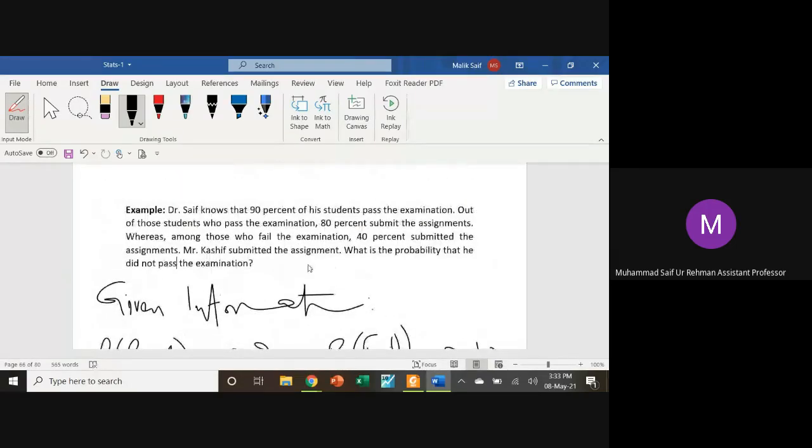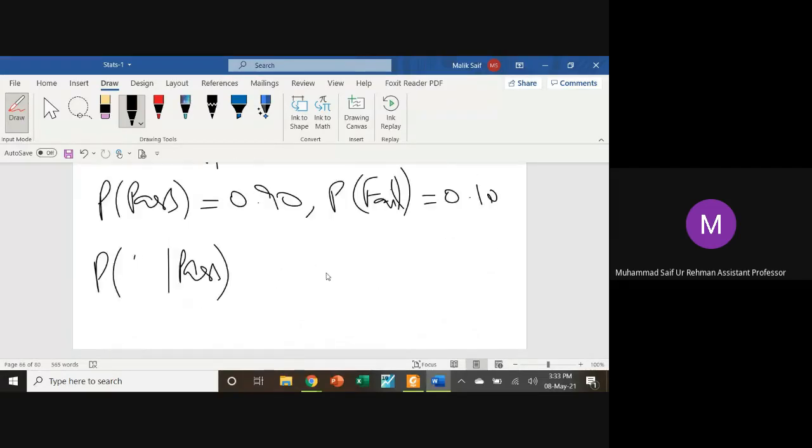Now be attentive. Out of those who pass the examination, 80% submit the assignments. Submission is there, and pass is there. 80% is the answer. Submission, pass. What will be the other scenario in this particular case?